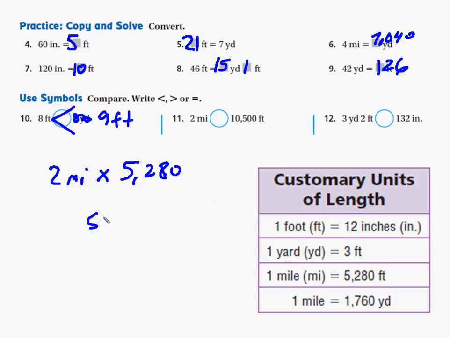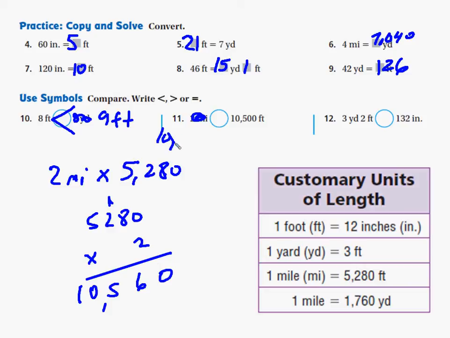So let me multiply that out. I get 10,560. So this is 10,560 feet versus 10,500 feet, so this is bigger.